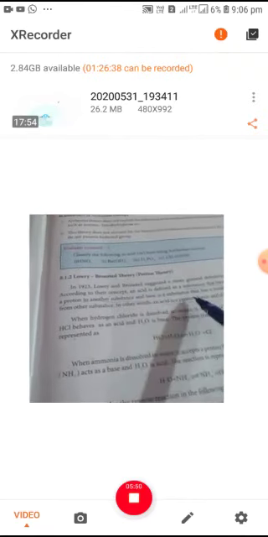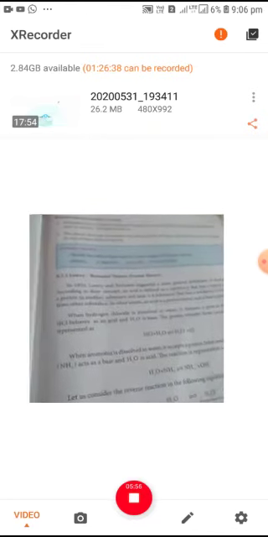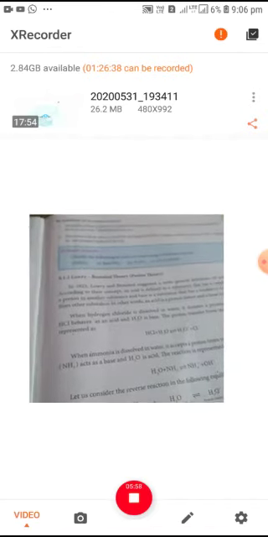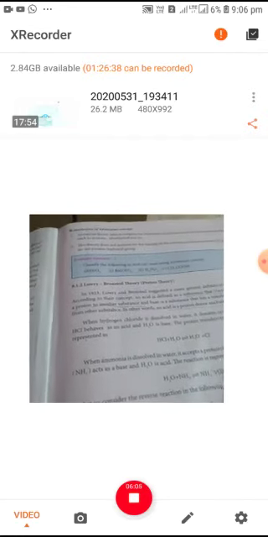Similarly, a base is a substance that has a tendency to accept a proton from another substance. Commonly we say acid is a proton donor and base is a proton acceptor.